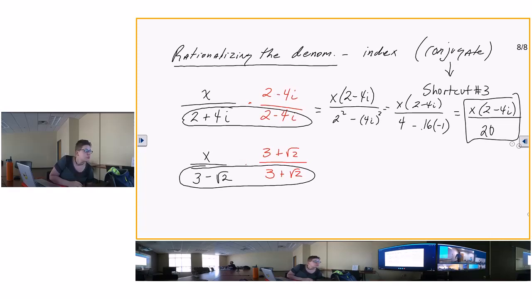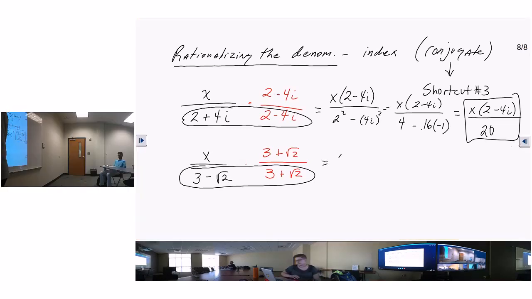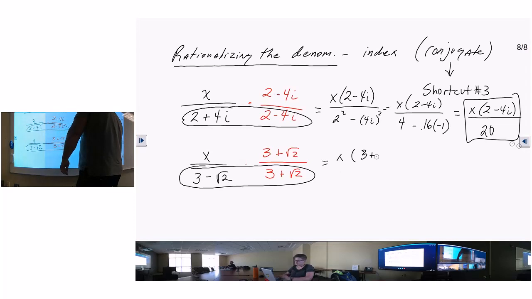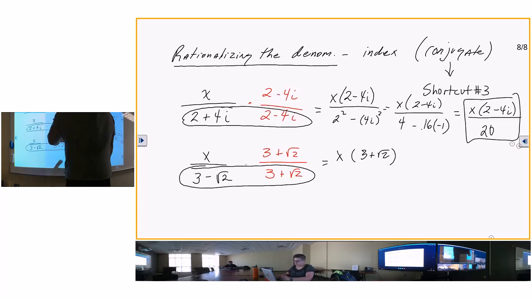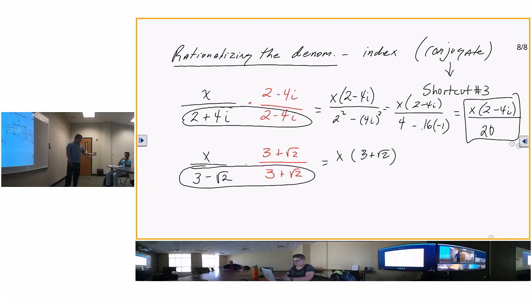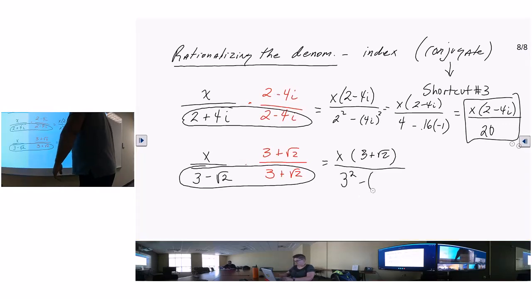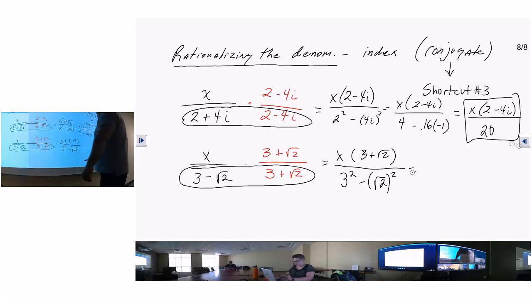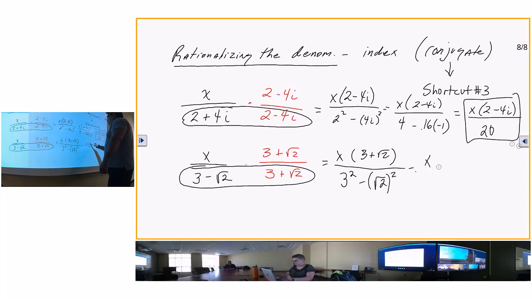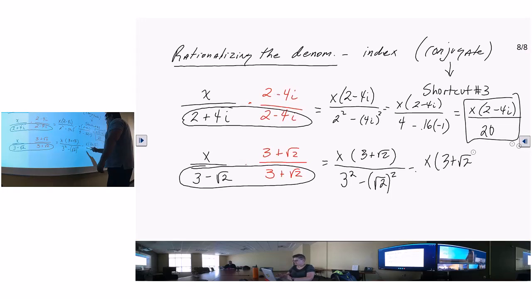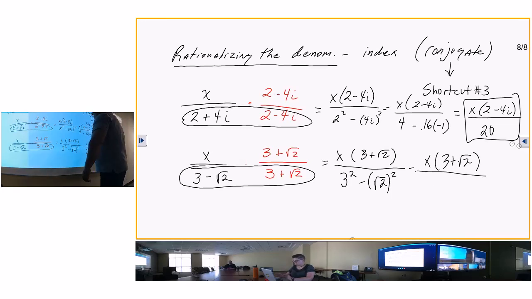Same thing down here. x times 3 plus square root of 2. Notice I'm not even concerned with the numerator. Why? Because your whole purpose is to get rid of the what in the denominator? Radical. Get rid of the, not the negative, but the radical. Okay? So that's going to be 3 squared minus the square root of 2 squared, which is going to be x times 3 plus the square root of 2 over 3 squared is 9.